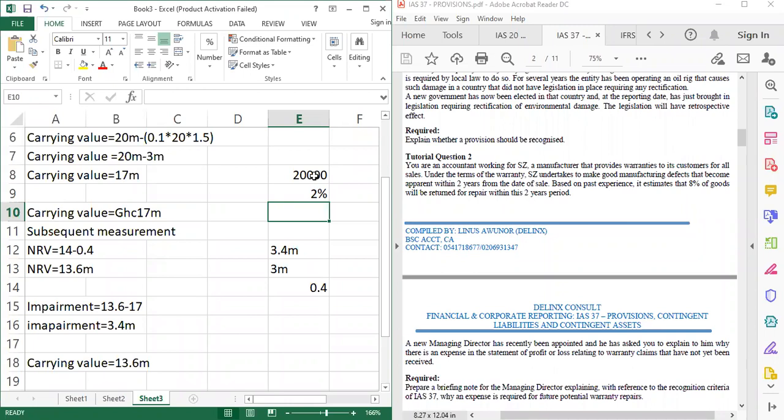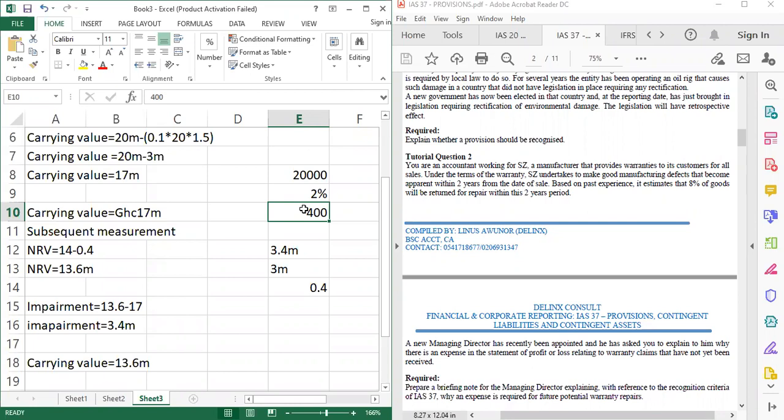What would be the 2% on the 20,000? 400. It's material. So when you are taking the estimate on a total basis, even if it is 1%, you will still make provision, because 1% on the total is going to give you a significant amount. So if you are taking the estimate based on the total, you make provision.